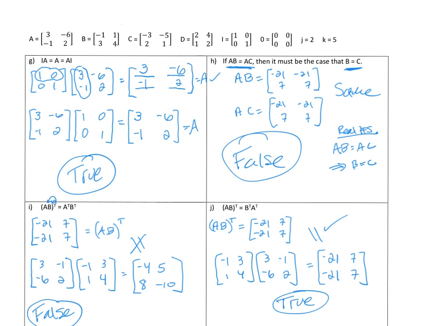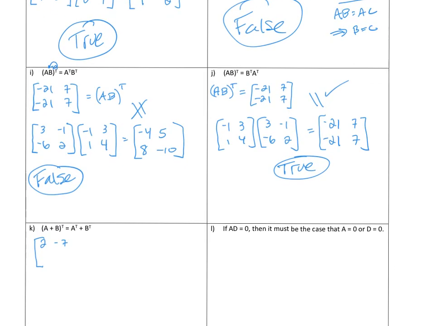So I did 3 and negative 1 is 2, negative 6 and 1 is negative 7, negative 1 and 3 is 2. So I'm going to have 2 and 2 plus 4 is 6. So 2, 6 is my last row. Then I have to transpose it. That's A plus B transposed: 2, negative 7, 2, 6.